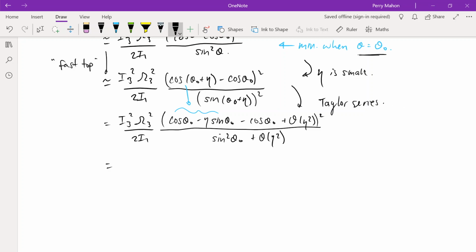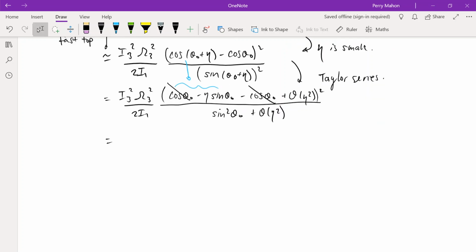And then this cos and this cos cancel, so what we end up finding is that V effective, which is now a function of this eta, which is just some small angle here, is really like I3 squared over 2I1 eta squared plus order eta cubed.